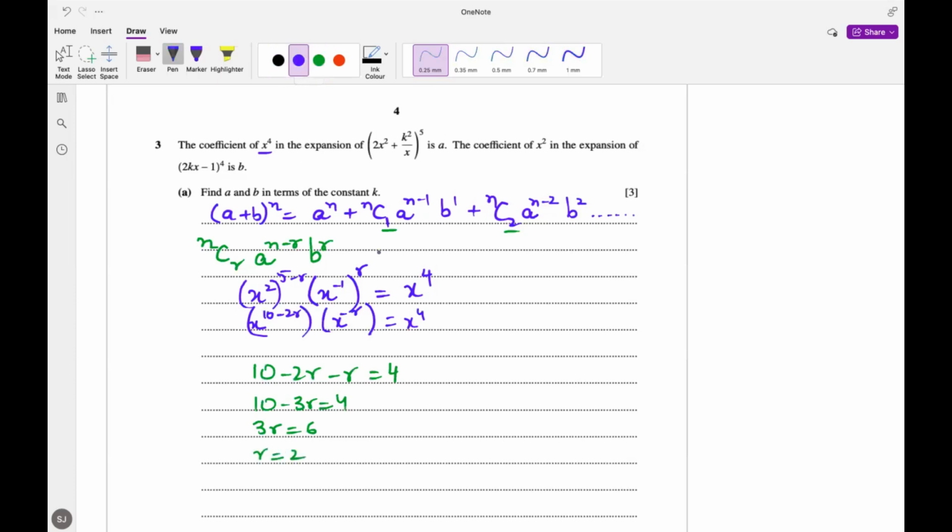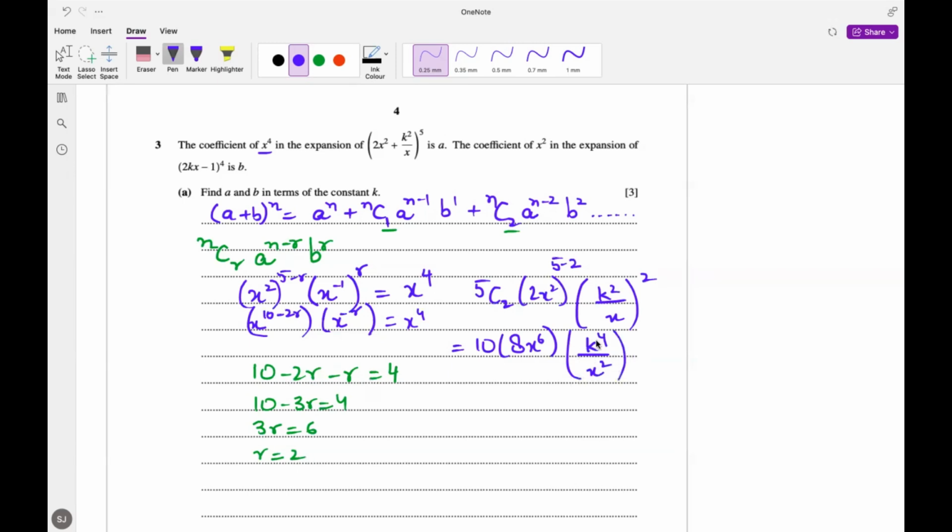Now applying this to the formula, as n is 5, this will become 5C2. A is 2x², so (2x²) to the power, it's n − r, so this will become 5 − 2, which is 3. And b to the power 2, where b is k²/x, so (k²/x)^2. 5C2 is 10, so this will become 10 into 2³ is 8, so this will be 8x^6 times k^4 upon x².